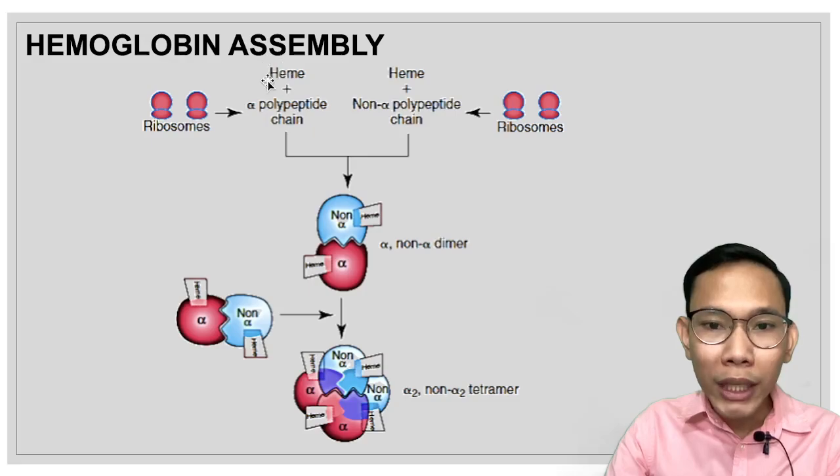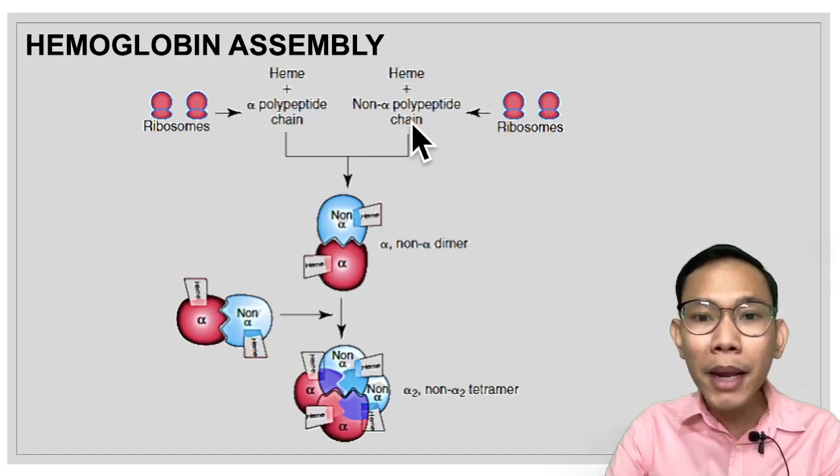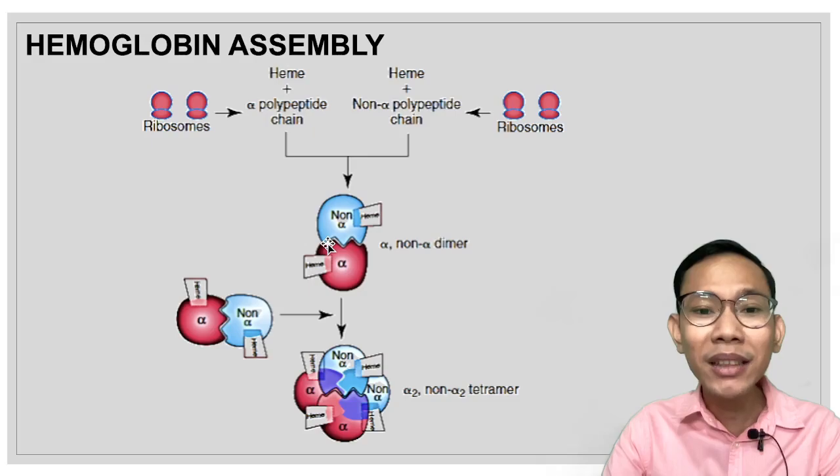So again, yung heme natin, isang heme natin, magko-combine sa isang alpha polypeptide chain, or isang heme pa rin natin magpo-form or magjo-join together with a non-alpha polypeptide chain which is made from your ribosome, and then magpo-form sila ng dimer. Ito na bang ating hemoglobin? Of course, hindi. Remember, hemoglobin is a tetramer.